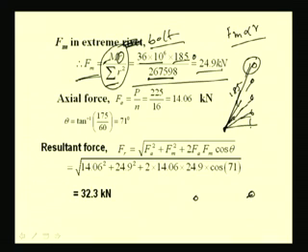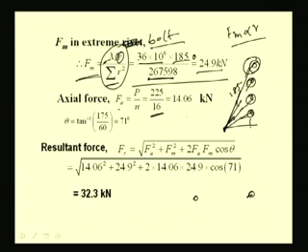Now, similarly we can find out the axial force, the axial force exerted in each rivet, which will simply be Fa equal to P by N. In case of each bolt also this will be P by N. So, 225 is the force and 16 bolts have been used.